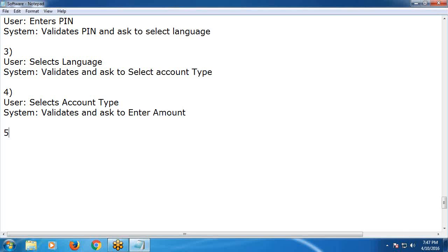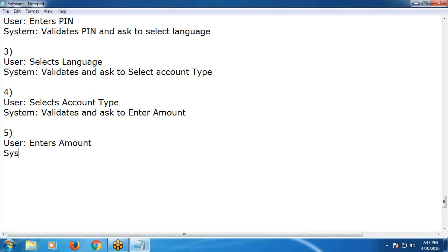Next, fifth transaction, user enters amount.